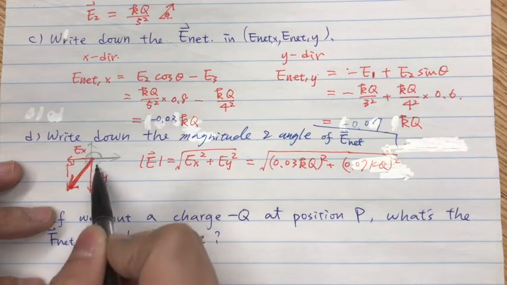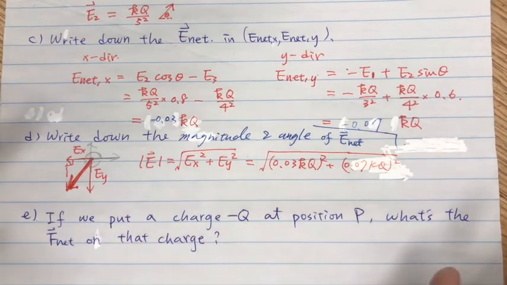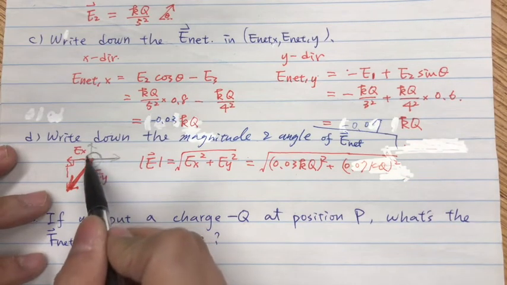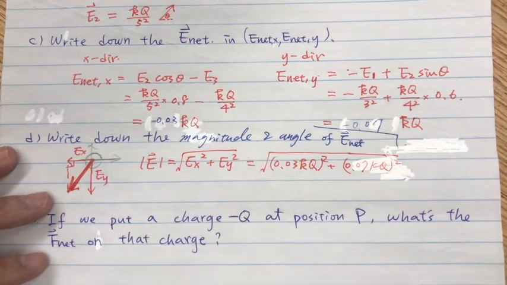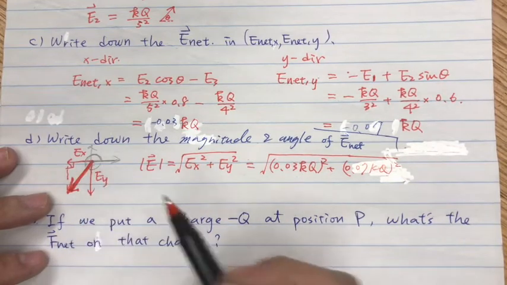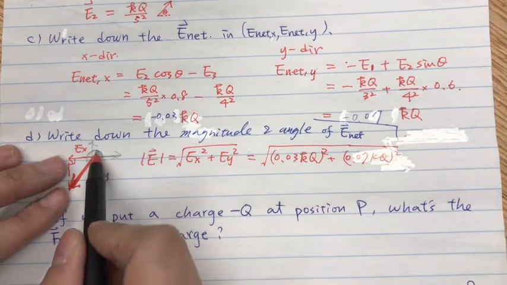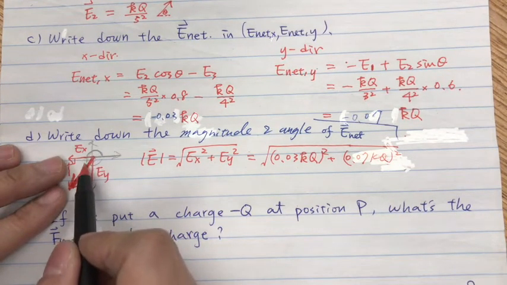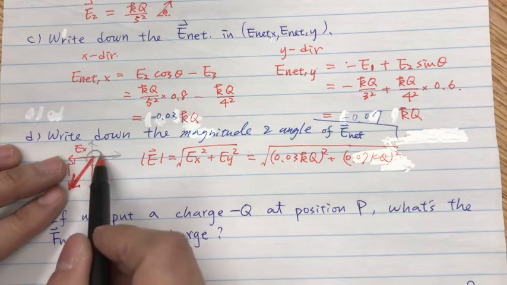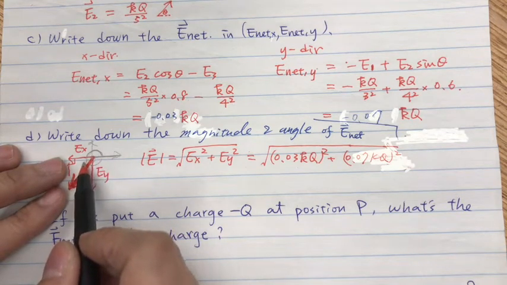But you can also say this angle with a minus sign. But conventionally we say counterclockwise is positive. So how do we find out the angle? We know this is 180 degrees, so we just need to figure this out first and then add 180.